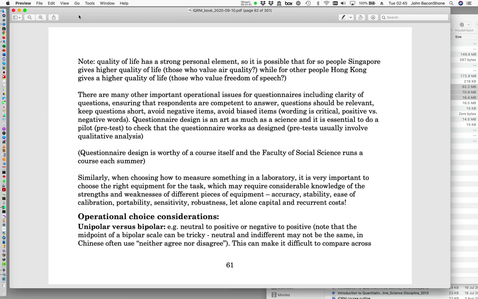Now, we've just talked about a few issues of operational design and choice. There are many other things if you're dealing with questionnaires. So specifically for questionnaires, there are a whole series of issues such as, are the questions clear? Are the respondents competent to answer those questions?